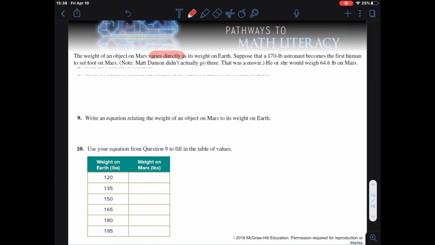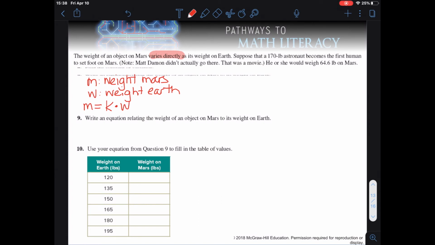Because there's this direct variation, if I let m be the weight on Mars, and let's do w be the weight on Earth, we're told that the weight on Mars varies directly with the weight on Earth.